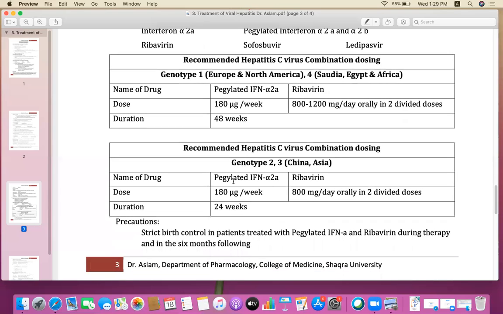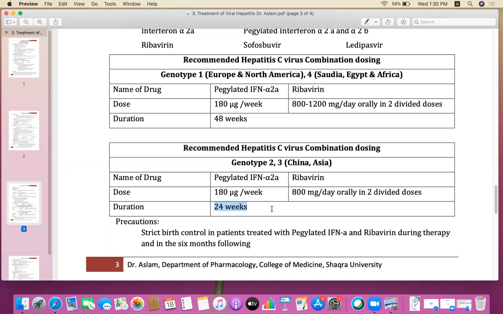What is the difference between these genotypes? If you see here, duration for China and Asia is only 24 weeks. So this question may be for your MCQ. What is the maximum duration of treatment for hepatitis C virus infection if the patient has genotype 1 or 4?